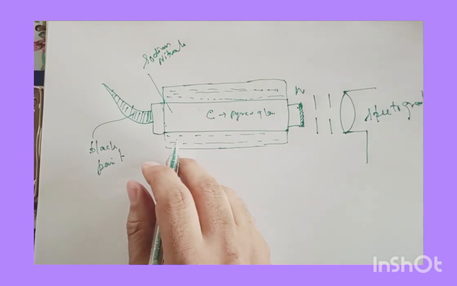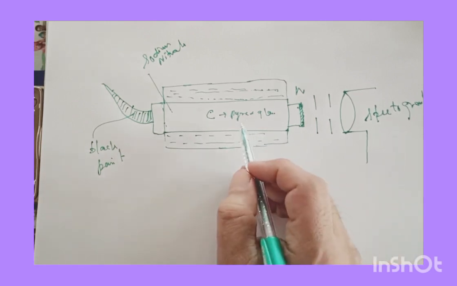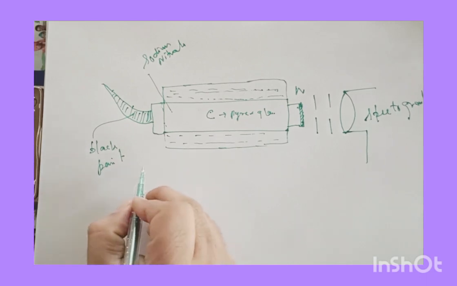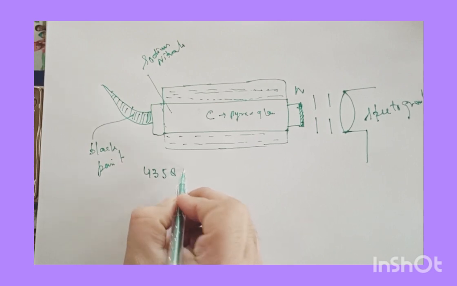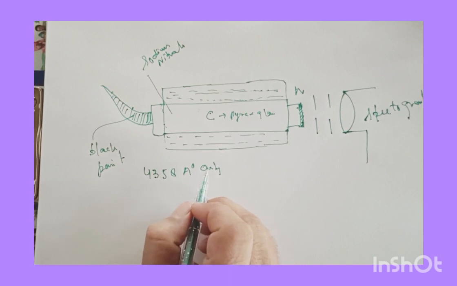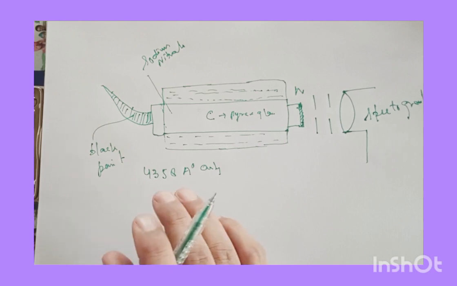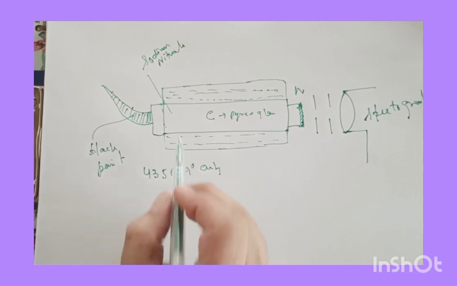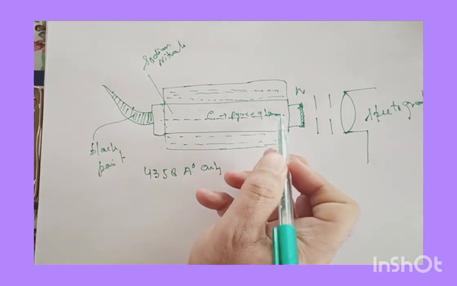This behaves like a cylindrical lens, transmitting light of wavelength, in the original experiment, 4358 angstrom only, from the light obtained from the mercury lamp, and focuses it at the axis of this tube. We have to focus all this light on the axis of the tube.